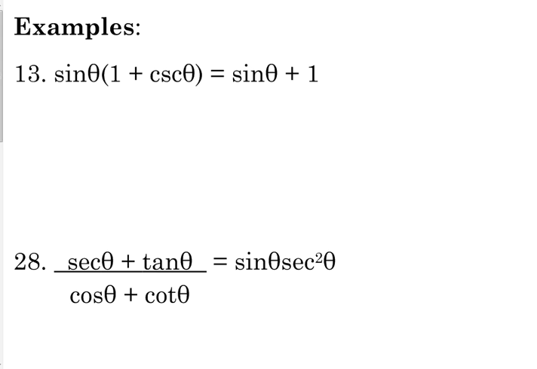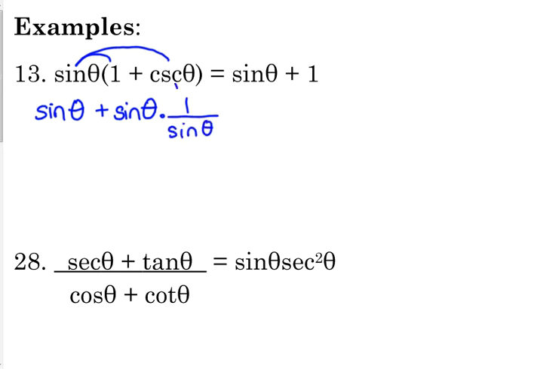We can rewrite cosecant as 1 over sine, but Connor said it. What happens if we distribute the sine of theta to our parentheses here? Sine of theta times 1 is sine of theta, plus sine of theta times, how about we go ahead and write that as 1 over sine of theta. Cosecant is 1 over sine of theta.